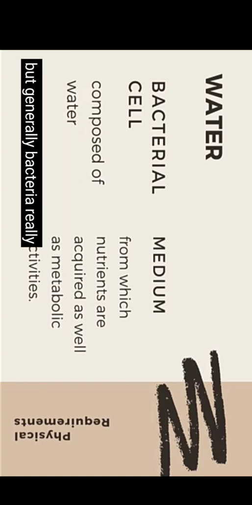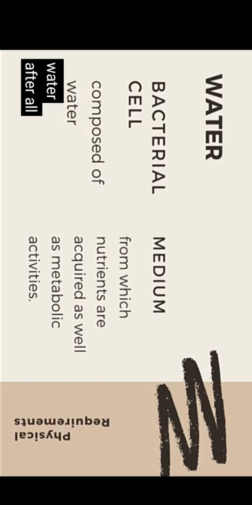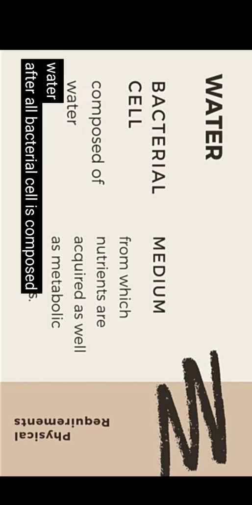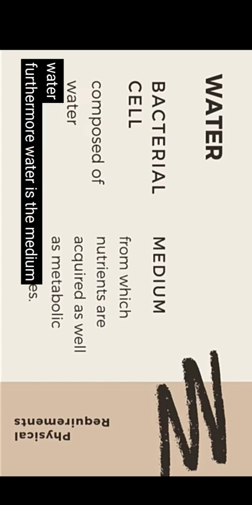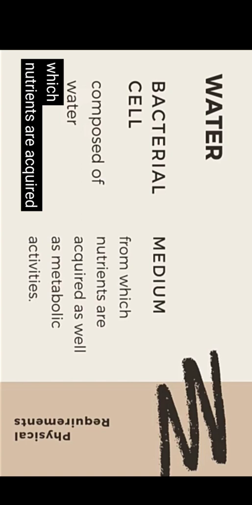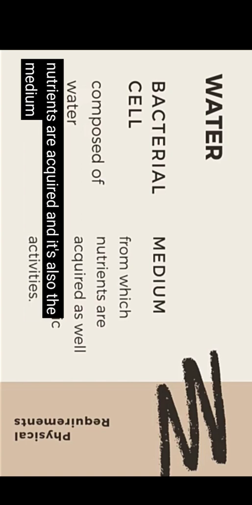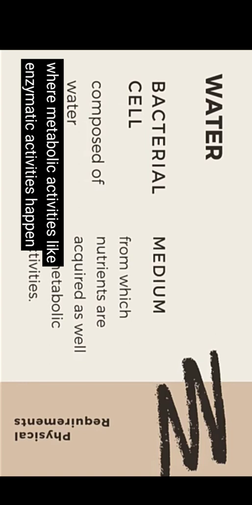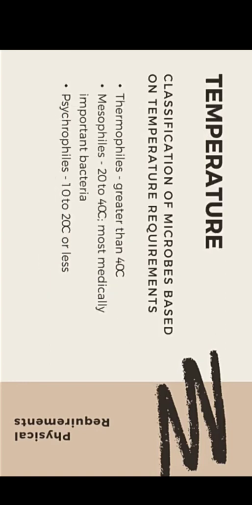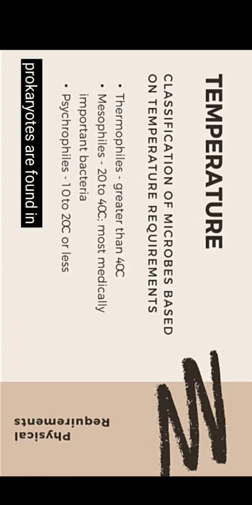But generally, bacteria really require water. After all, a bacterial cell is composed of water. Furthermore, water is the medium in which nutrients are acquired, and it's also the medium where metabolic activities like enzymatic activities happen.